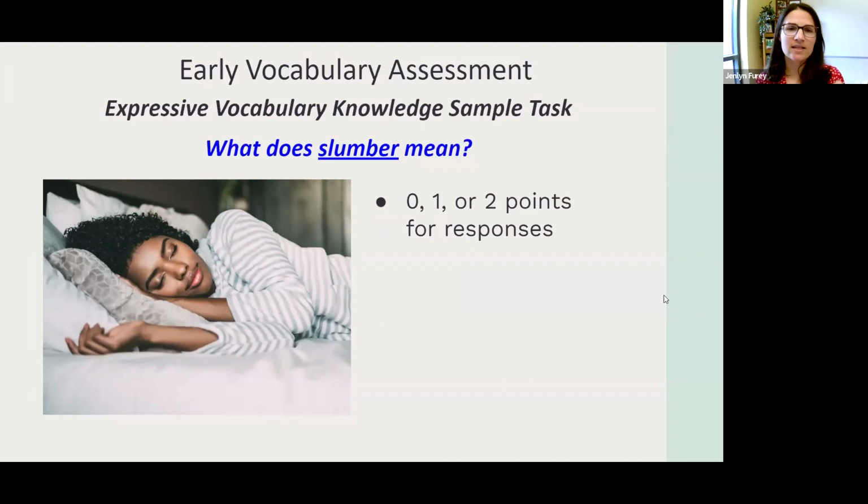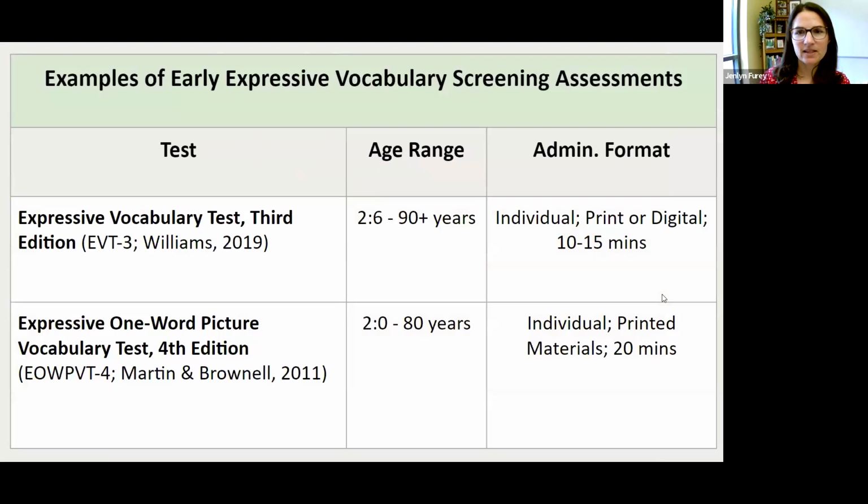So what does slumber mean? And within tests like this, if they give a 1-point response, sometimes you can query to see if they can give a complete definition. A couple of examples of expressive vocabulary tests are the Expressive Vocabulary Test and the Expressive One-Word Picture Vocabulary Test.